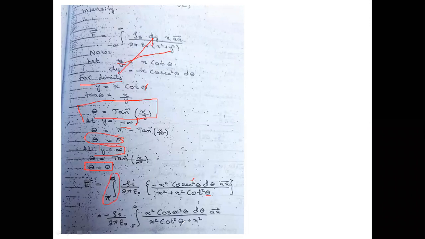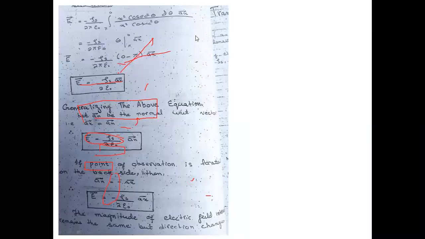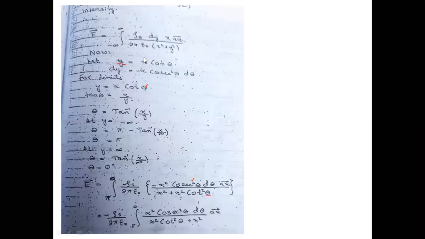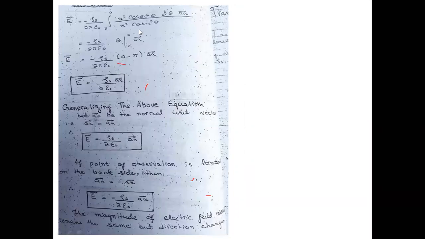Taking x square common from the denominator, we will get this simple. Now we will get 1 plus cotangent square theta, which is equal to cosecant square theta by the trigonometric formulas.